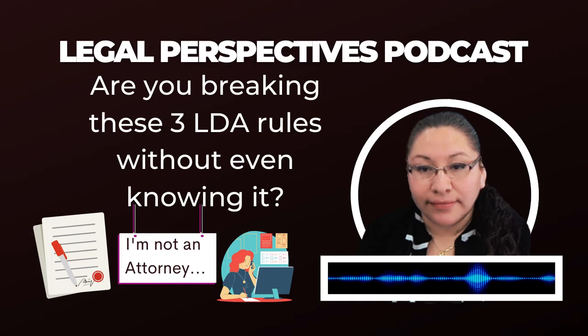The first rule we'll talk about is BPC 6410.5, which states, in the first contact with the prospective client for legal services, an LDA must always disclose and state orally, clearly, affirmatively, and expressly that they are a legal document assistant, the trade name of the company, if any, the kind of services being offered by the LDA, the county where the LDA is registered, and the expiration date of the LDA's current registration period.